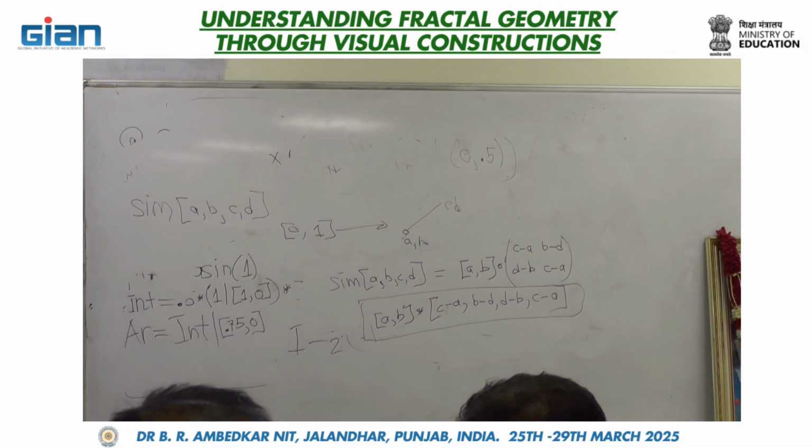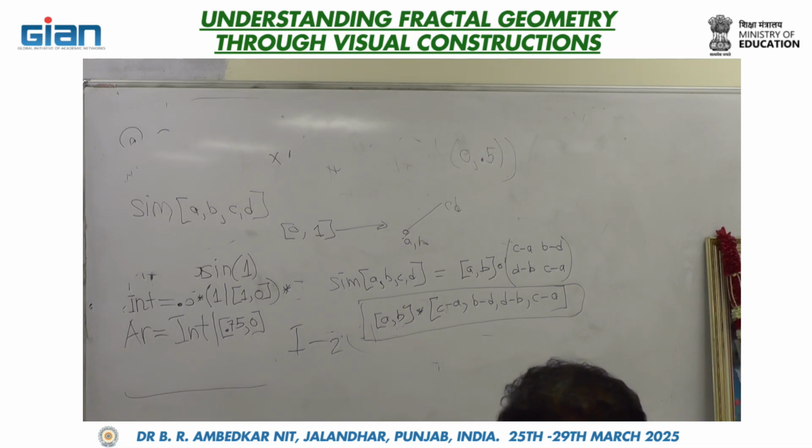So we have the first map sends 0, 1 to 0, 0, x1, y1. S10 sends this interval to the backward interval. S12 sends 0, 1 to x1, y1, x2, y2.